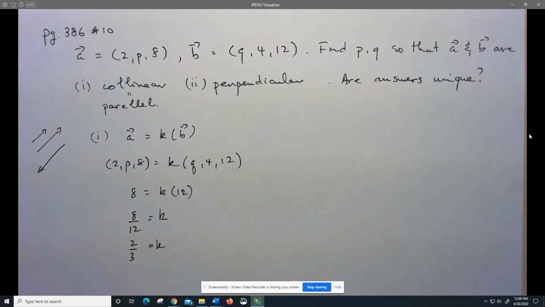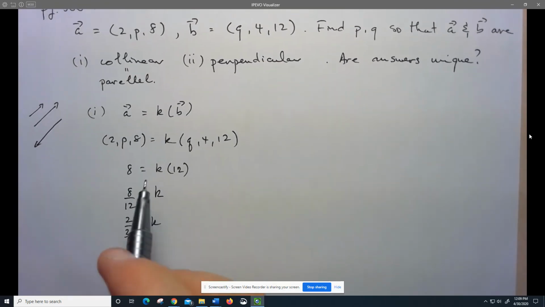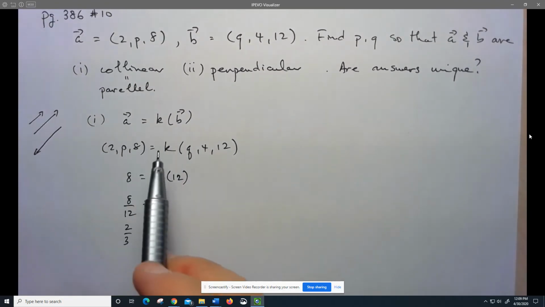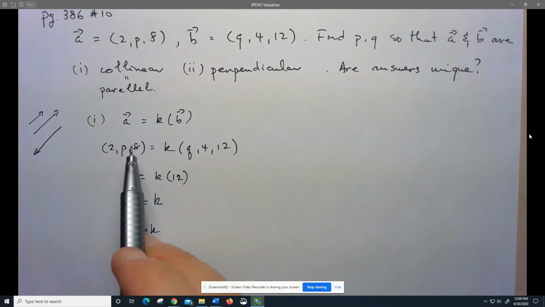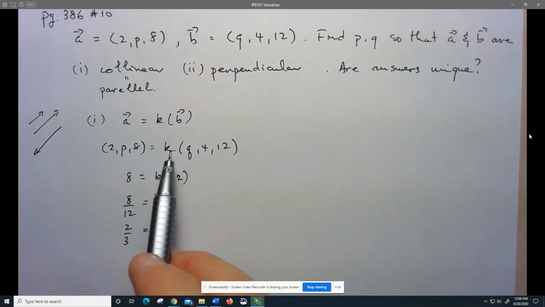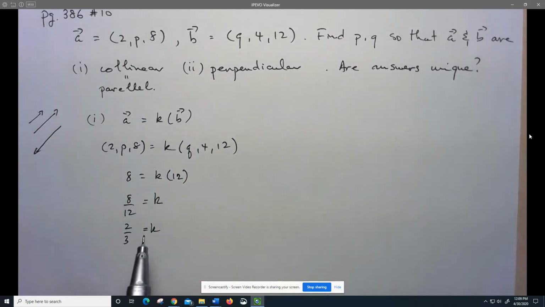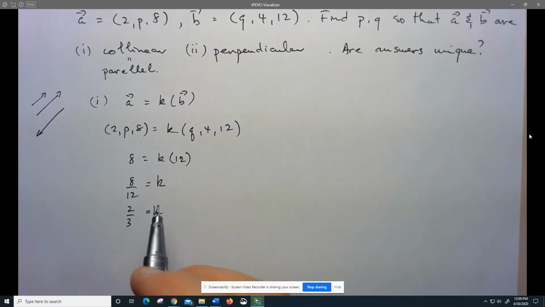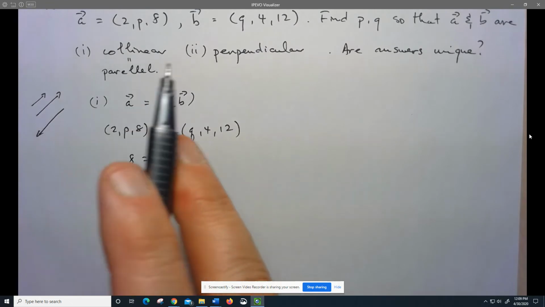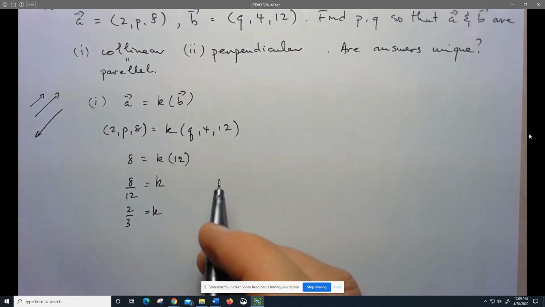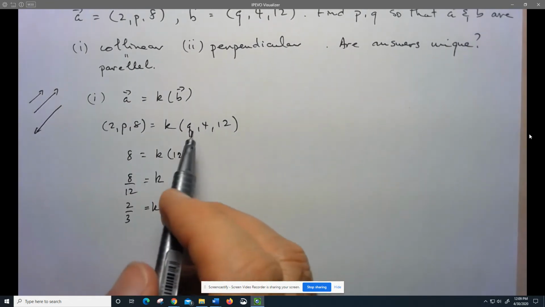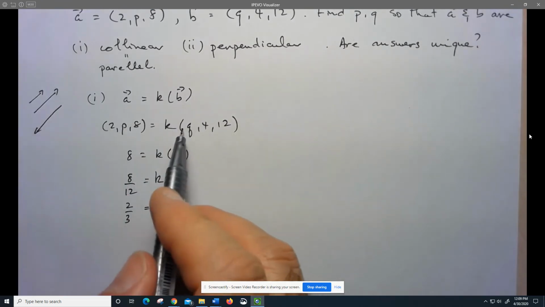There's no other choice. So because we need them to be scalar multiples of each other, and because the Z components are fixed, we see that there's only one value of K that will make this work. So in this case, the answers are unique. Now, of course, they didn't ask us for this K value, they asked us for P and Q. So let's use the X components first.